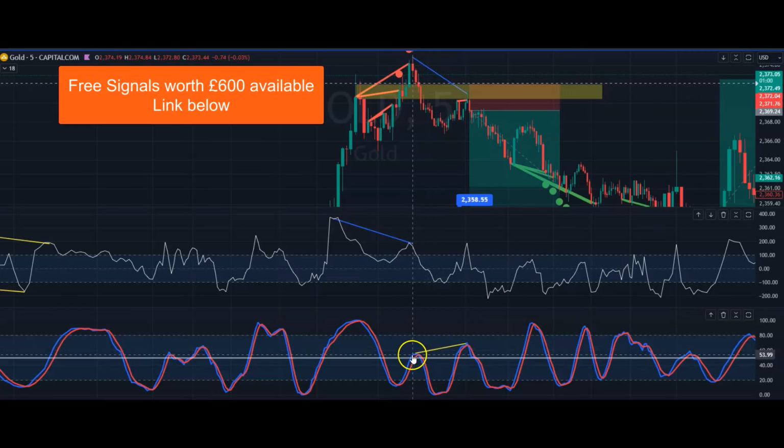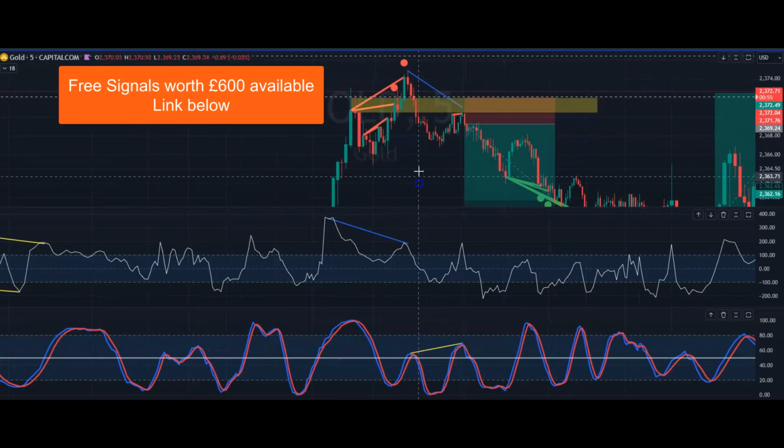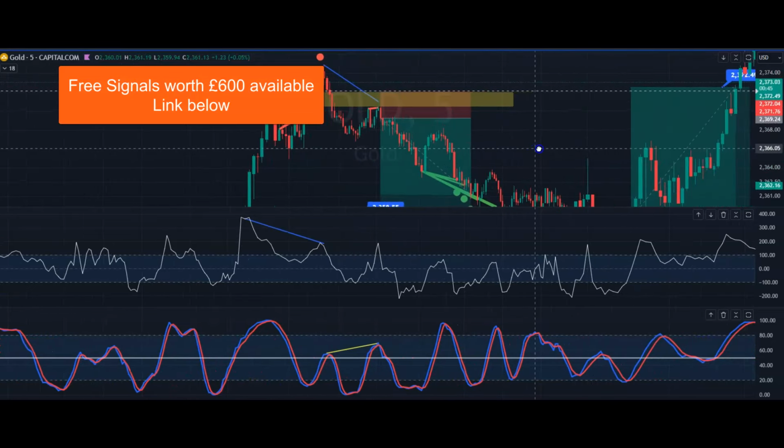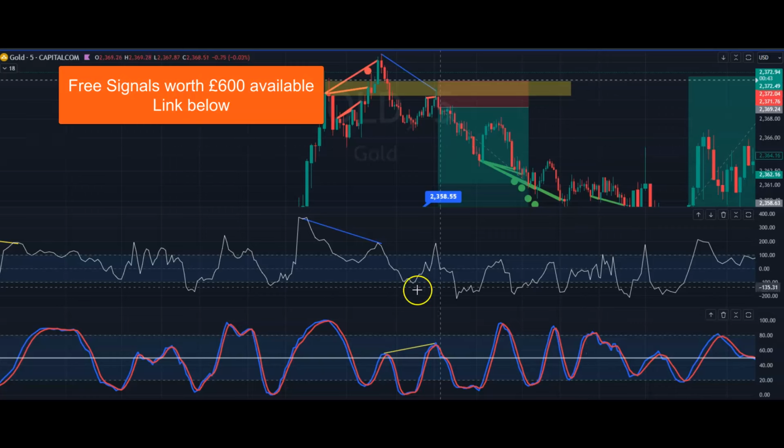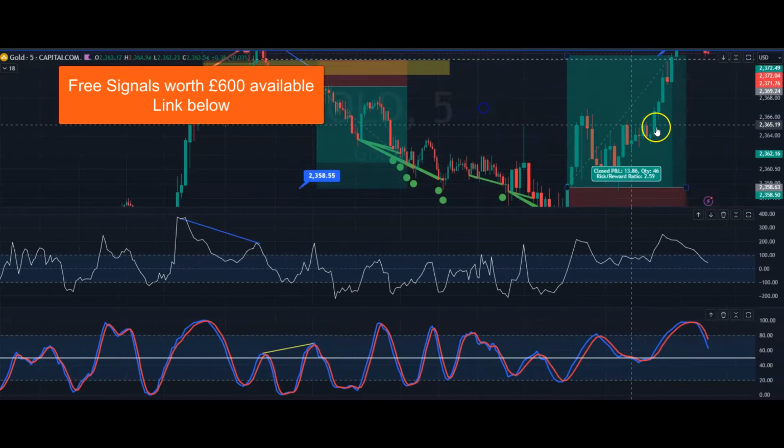Again, the oscillator is achieving higher highs, yet the price action is achieving lower highs. And that's what you're looking for. It takes some practice. If you've not seen this before, do a demo account and just go in and do it and just see if you spot it, because that's a fantastic way to trade.